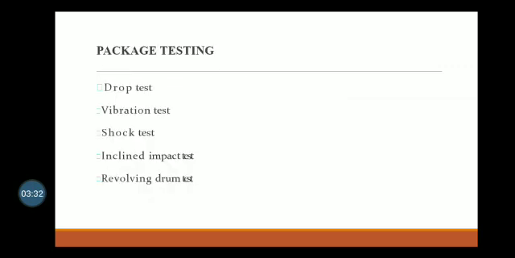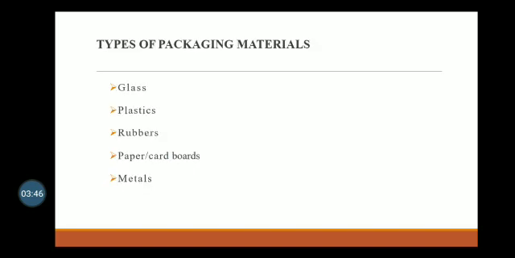Then package testing. These tests are used: first drop test, then vibration test, then shock test, inclined impact test, then revolving drum test. Then types of packing materials: glass, plastics, rubbers, paper or cardboards, and metals.